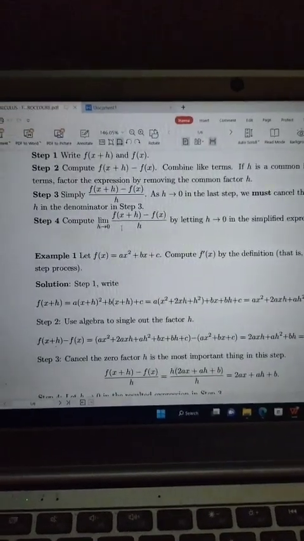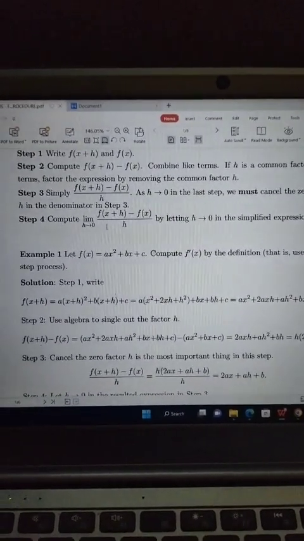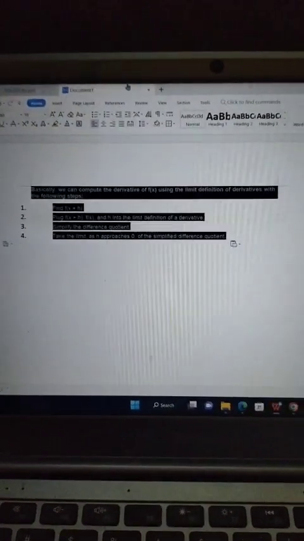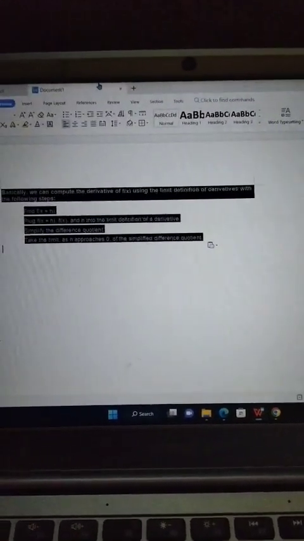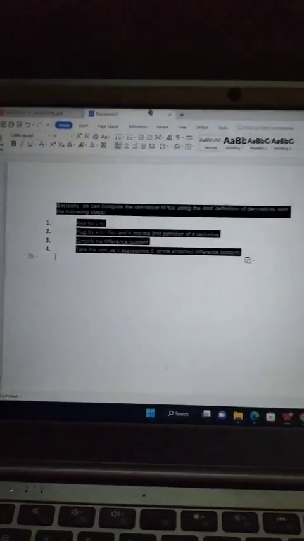Then here is the example of the 4-step procedures. First, what is the principle of the 4-step? Basically, we can compute the derivative of f(x) using the limit definition of the derivative with the following steps.